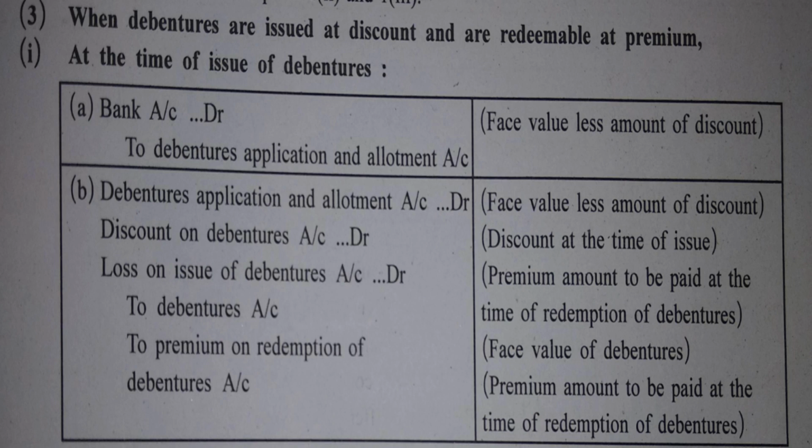It is issued at discount. That means the debenture has been issued at a price lesser than its face value, and that is an expense for the company. Hence, in the second journal entry, discount on debentures account is separately debited. Loss on issue of debentures account is also debited, but that is the amount of premium paid at the time of redemption, and that is not new.